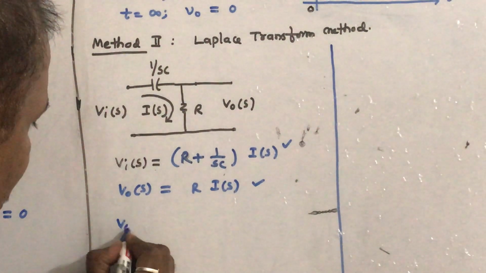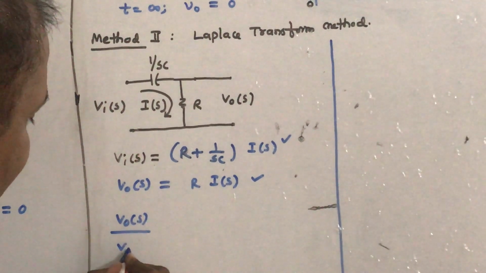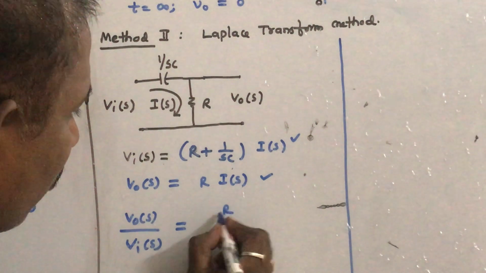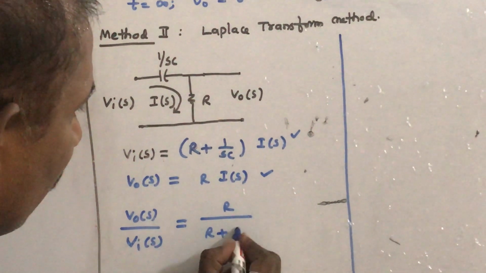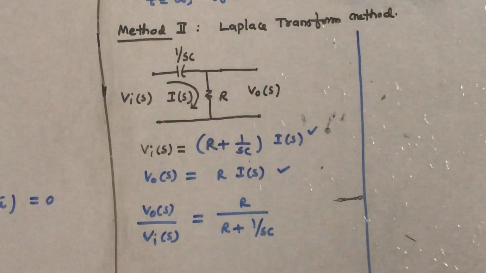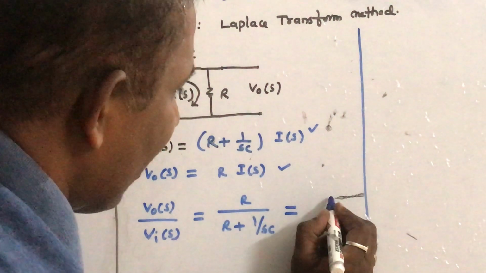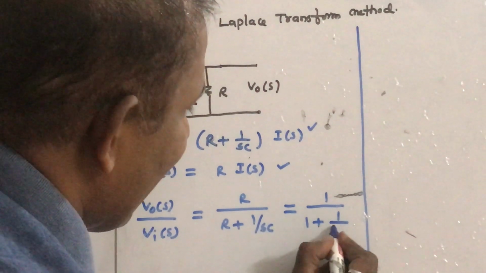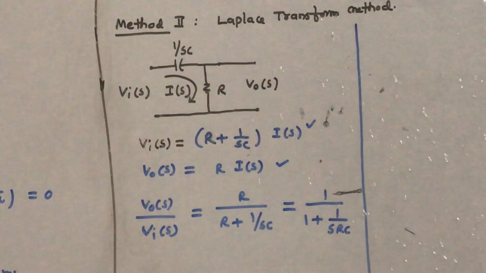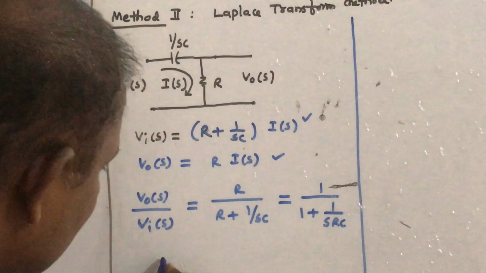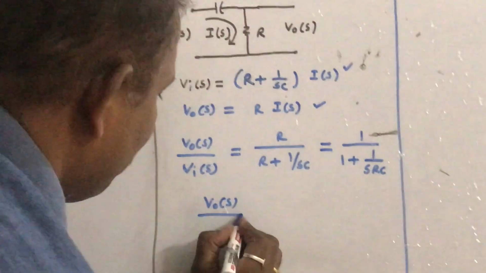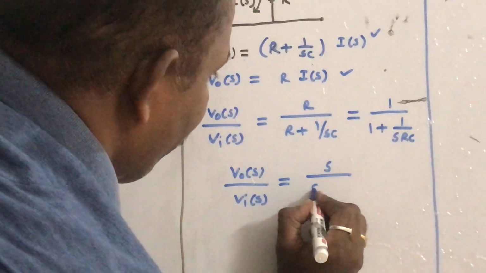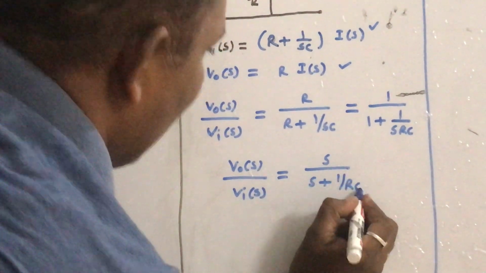I of s cancels out, giving R by R plus 1 by SC. Take R as common, it comes out as 1 plus 1 by S into RC. Multiply numerator and denominator by S. Therefore V0 of s by VA of s becomes S by S plus 1 by RC.